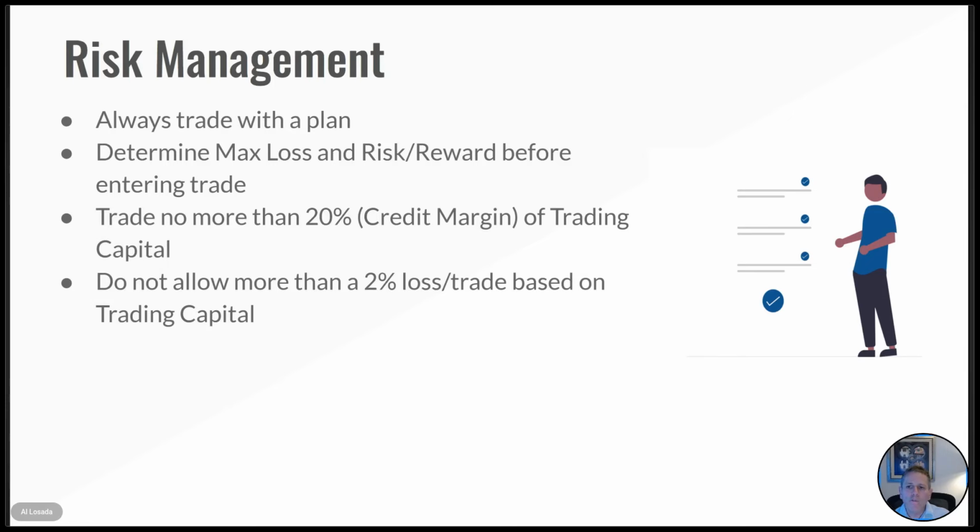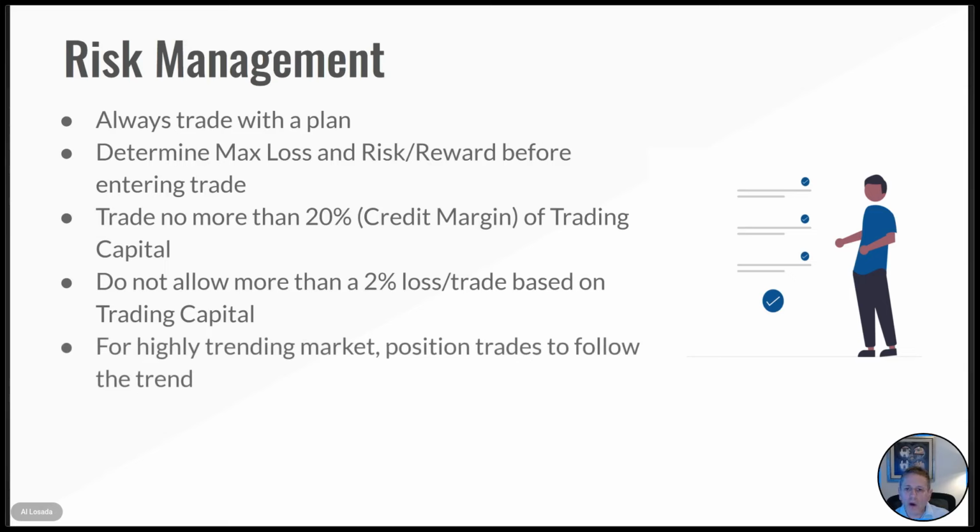For a highly trending market, position your trades to follow the trend. There are exceptions to this guideline, but those require an understanding of market reversals, Fibonacci. You need to have a little more experience in understanding how you manage those trades.